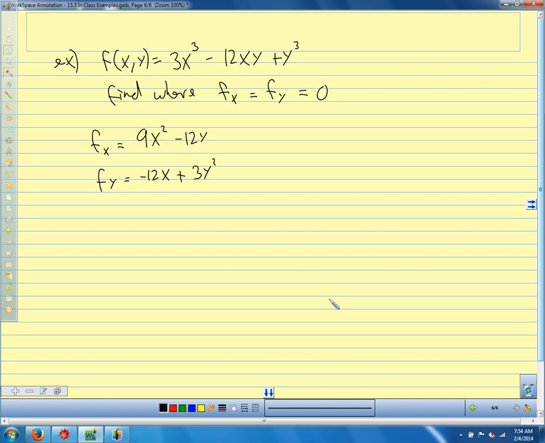So we want these to equal 0 simultaneously. So I'm going to look at this first equation. I'm going to say 9x squared minus 12y equals 0. That means that 3x squared equals 4y.